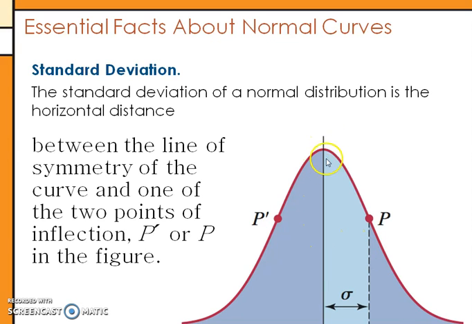So let's say if the middle is, I don't know, 100, and this point happens at 30, then that tells you that your standard deviation is 30. It's the distance from the mean, which is the middle, to the inflection point. And then because we talked about that symmetry, if this is a distance of 30 units away, this one is a distance of 30 units just in the other direction. So it's perfectly symmetrical always.